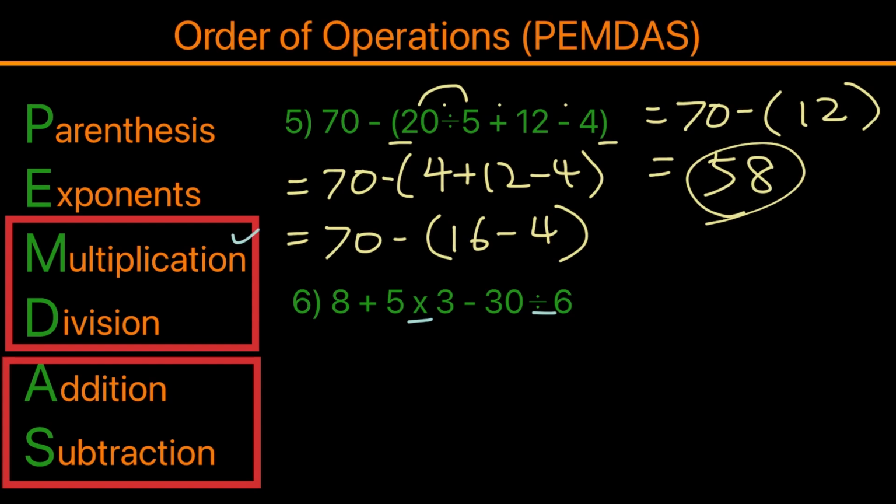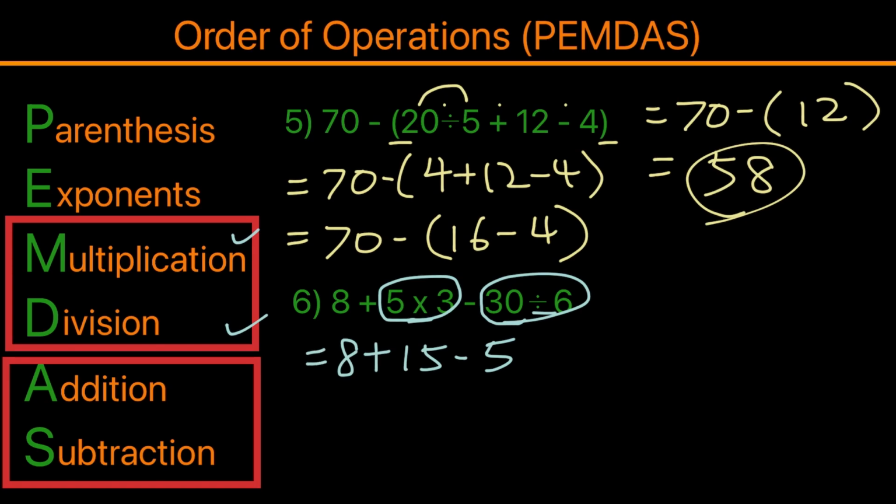Now multiplication comes first before division, so we're going to work on the multiplication part first. And 5 times 3 is 15. And then next we'll work on the 30 divided by 6. So 30 divided by 6 is 5. We bring down the 8.